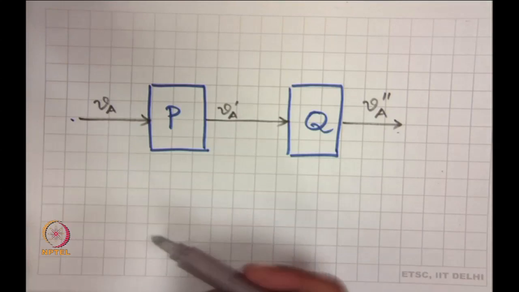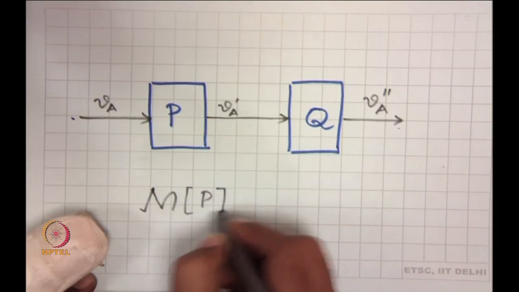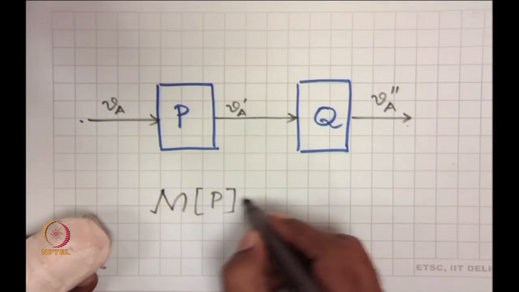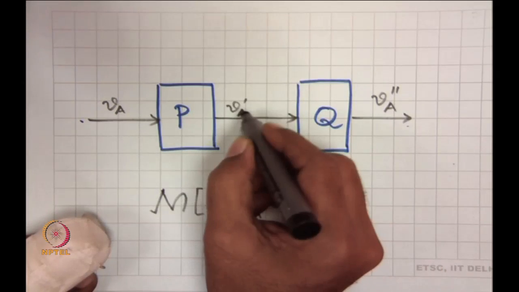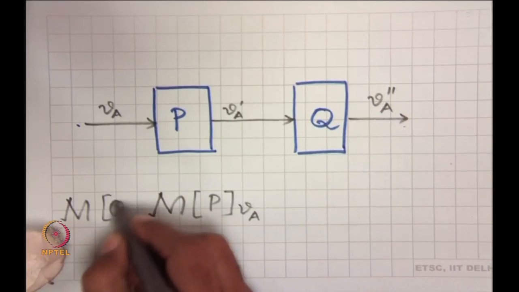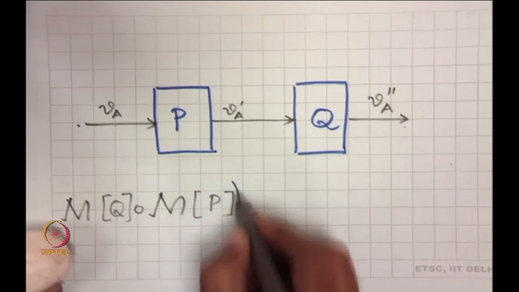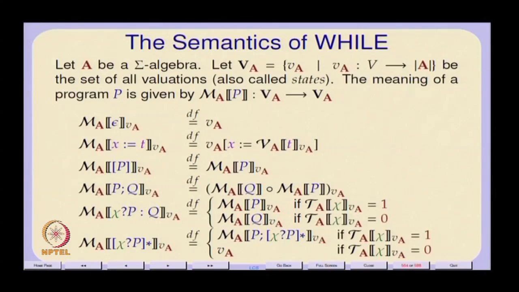Essentially, if I take the meaning of P and evaluate it in A, I get V A prime, and then I take the meaning of Q and compose it with this and evaluate them both under V A. So this semicolon is exactly function composition, which is fair enough, which is what I said.